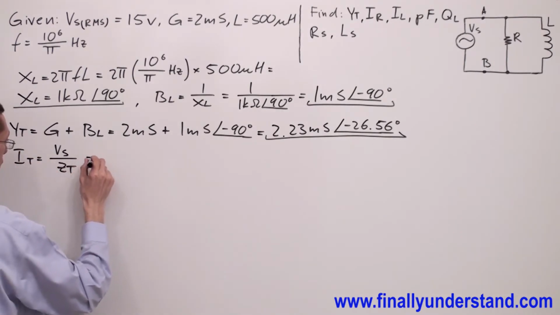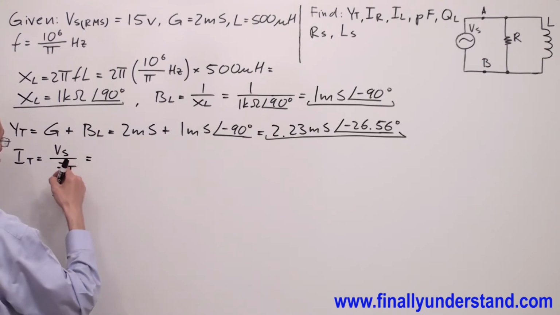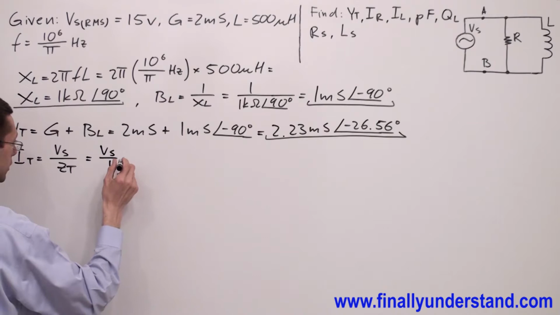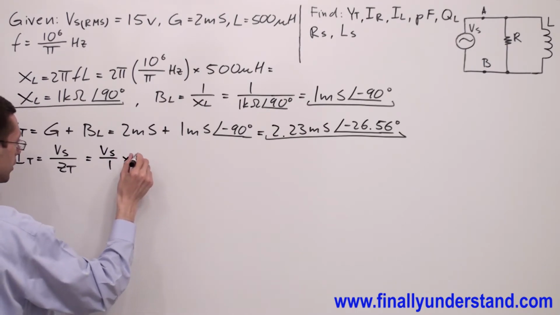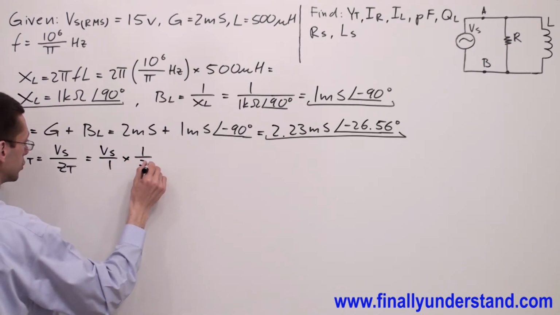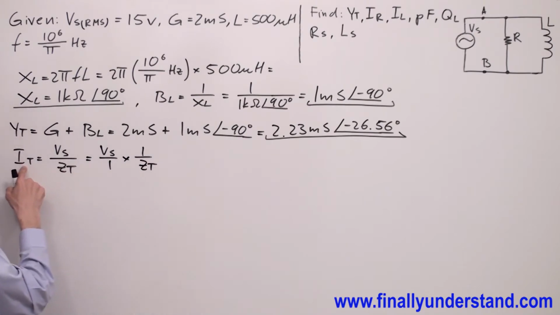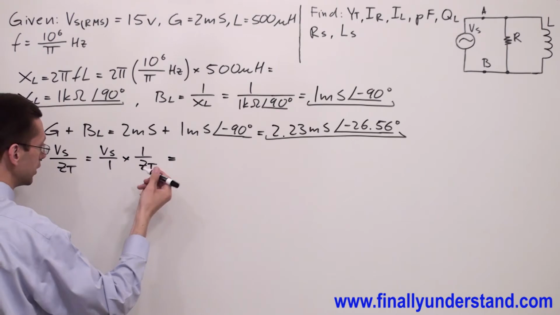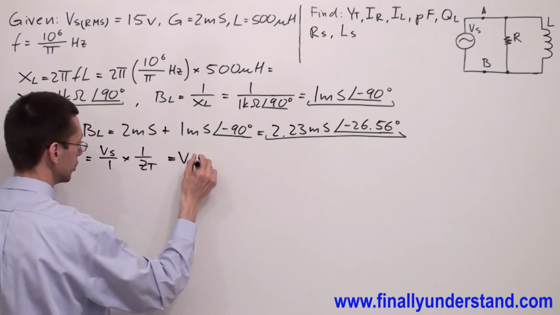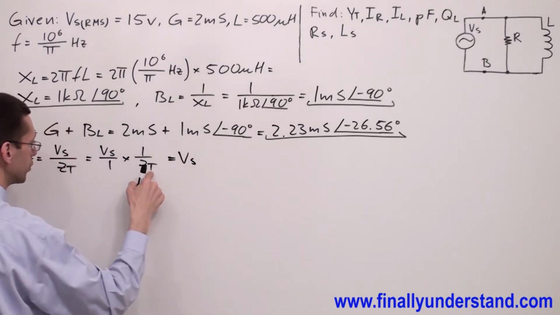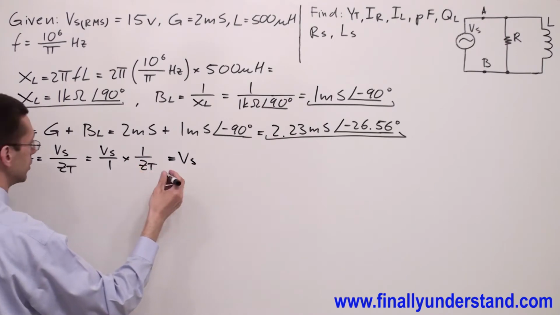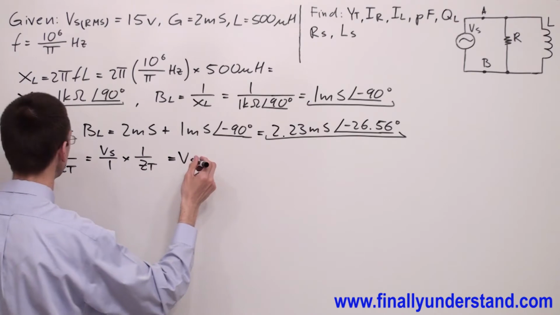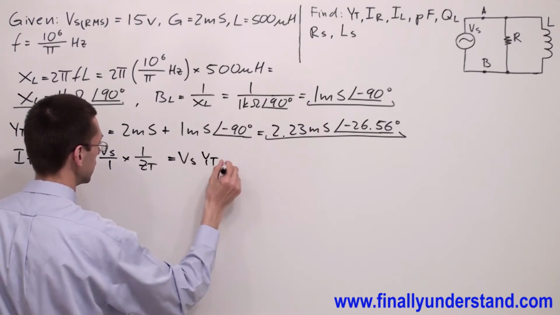So I'm supposed to write voltage source over 1 times 1 over Z total is going to be equal to I total, where voltage source over 1 is simply voltage source, and 1 over Z total is nothing else, just admittance. So instead of 1 over Z total, I'm going to write Y total.